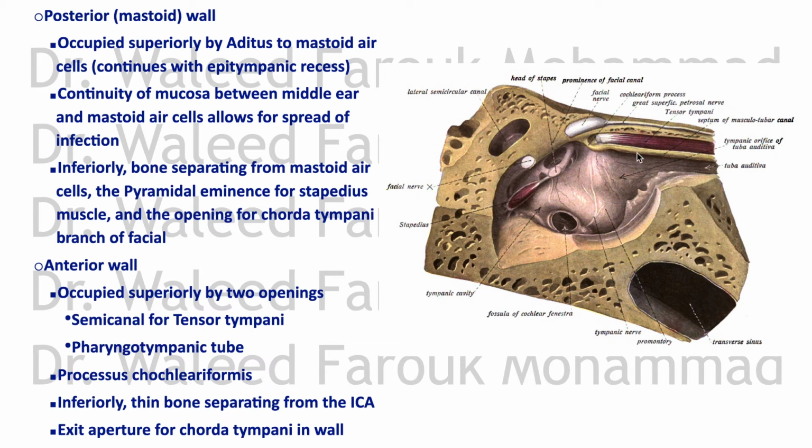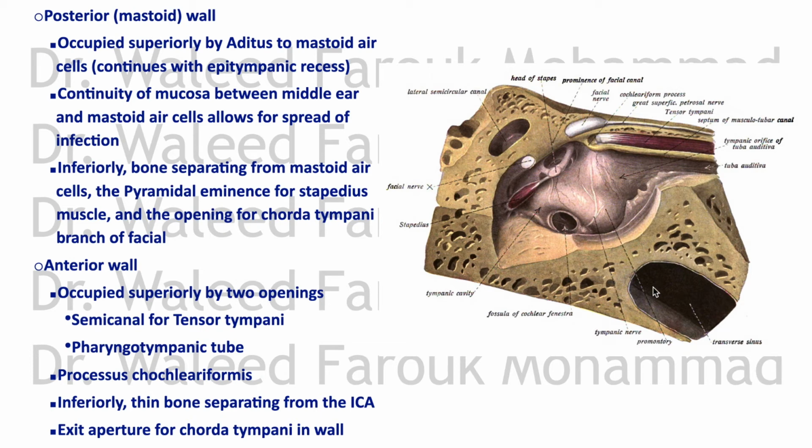What else? Beneath it you'll find the opening for the eustachian tube, or the pharyngeotympanic tube. This is the posterior bony part of the pharyngeotympanic tube, and it will emerge later as cartilaginous part and open into the nasopharynx, as we studied with the pharynx lecture. So this is what you will find in the anterior wall.